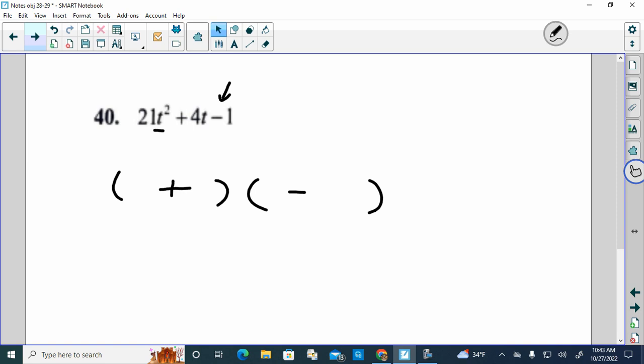Okay, so you're still splitting the variable like we normally do, okay? But now we're going to have a number in front of the t. Okay, so my factors are 21, or 1 and 21, and 7, 3. Okay, so if you remember this last year, I said generally it's not going to be, unless the numbers are really close to each other, it's generally not going to be the 1 and something.